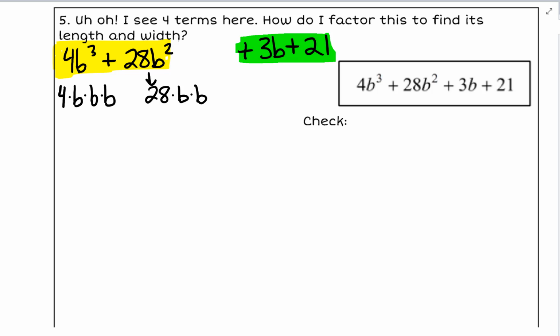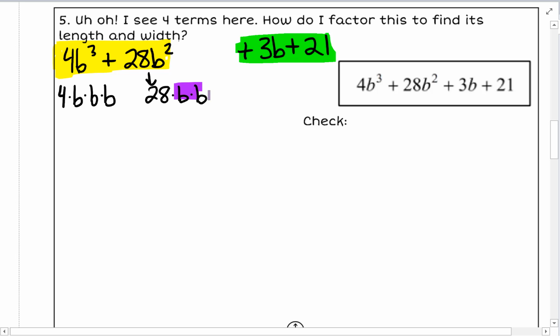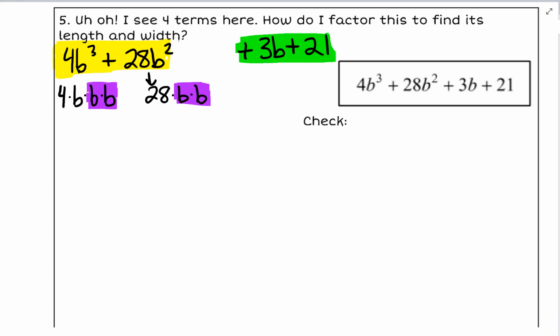So to check first, I'm looking at b to the power of what is in common between the two terms. I have b times b in the second term and b times b as well in the first term. So the most b's in common would be b to the power of 2.